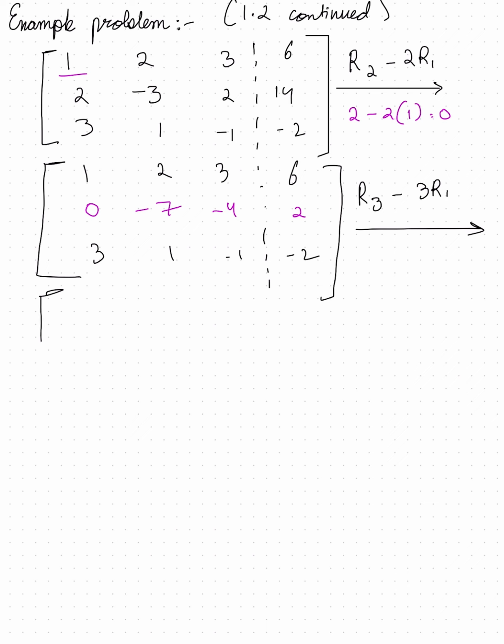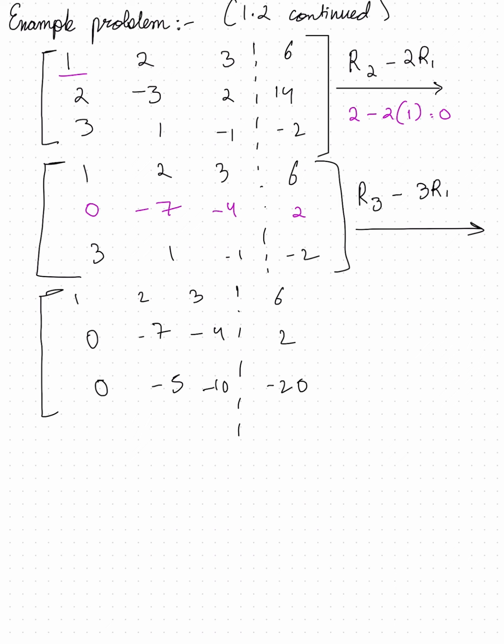So you'll have this: 0, 5, -10, -20. So we have achieved our first goal of getting everything below the pivot point to be a 0.